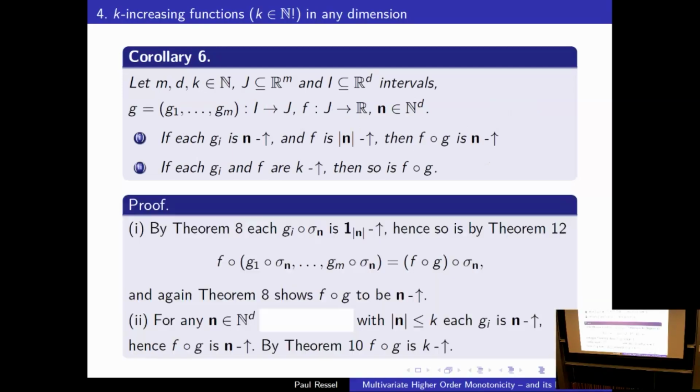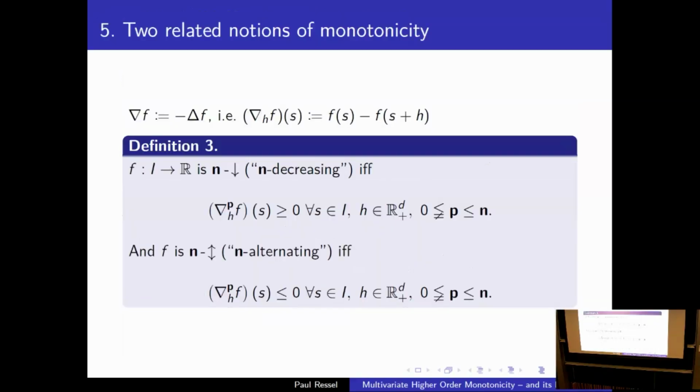I will skip this because I also want to get to my last short part, two related notions of monotonicity. Now I use the negative delta, which I will call nabla, and that's definition 3: the function f is n-decreasing if all these nabla differences are non-negative, and it is n-alternating if all these nabla differences are not positive.